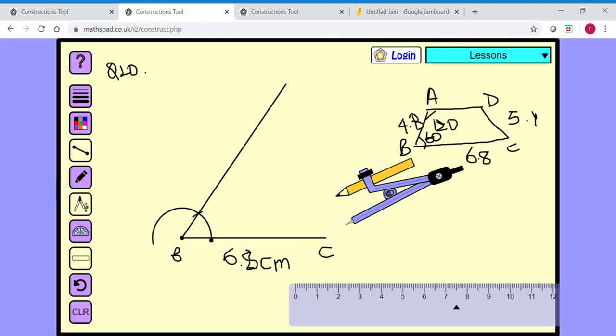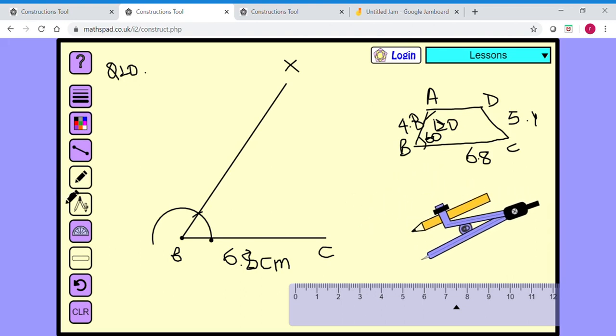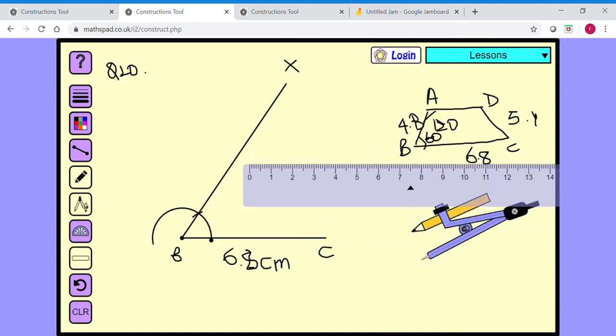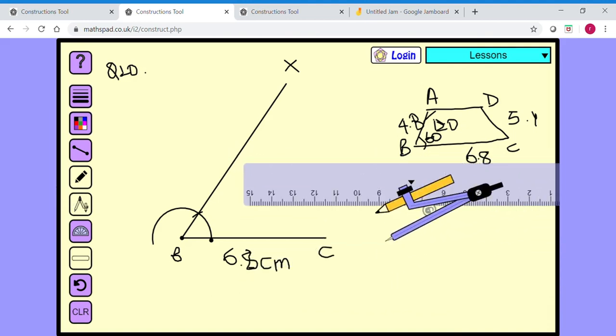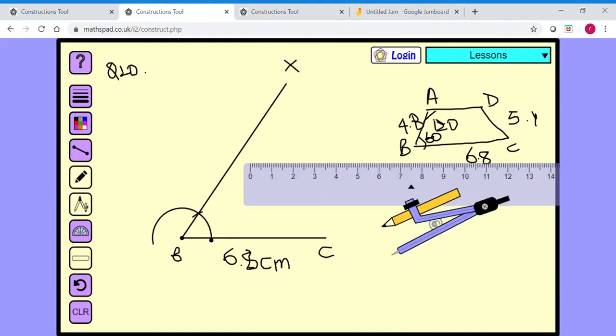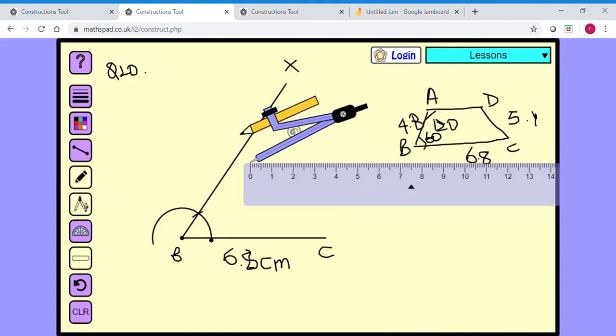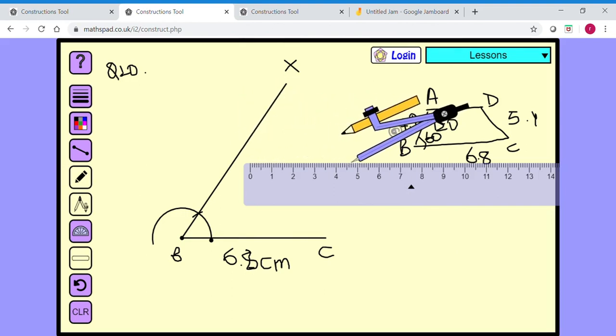Perfect. Let's give this the name X. So somewhere on BX lies point A. How far is it from B? 4.8 centimeters. So let me measure 4.8 centimeter and cut the arc. So this is 4.8.